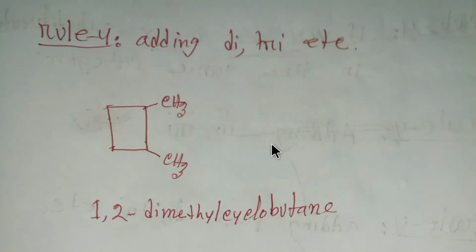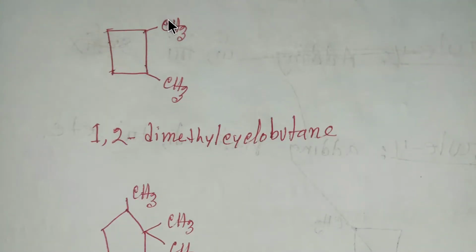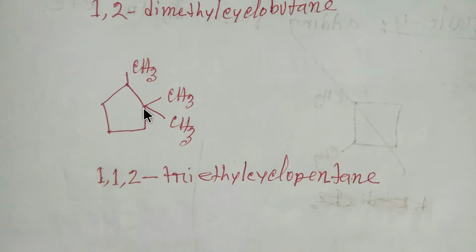Well, rule 5. We have to learn how to add di, tri, etc. In case of the same substituent, we have to use di, right? So this is 1, 2. That is 1, 2 dimethyl cyclobutane. And here will be 1, 1, here 1, 2. 1, 1, 2 trimethyl.